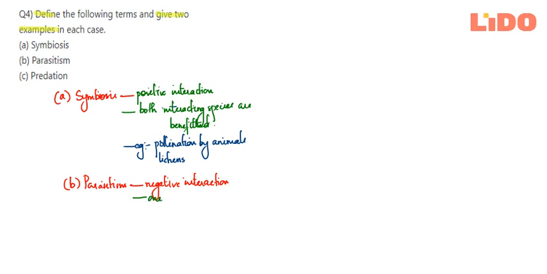So one partner takes advantage of the host. The parasite takes advantage of the host, whereas the host is at a loss.